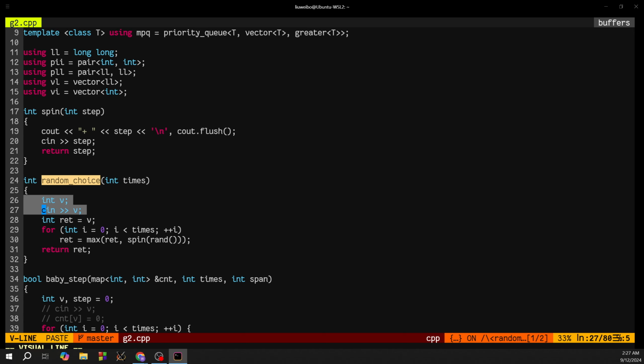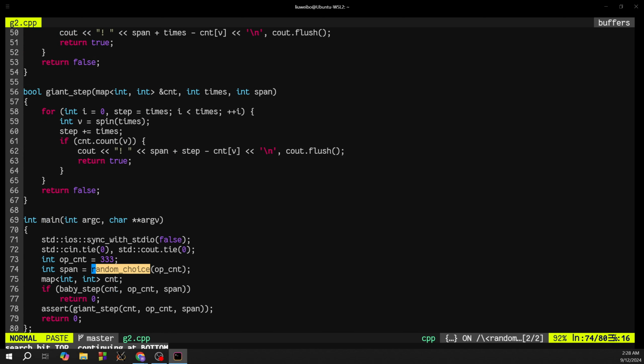We don't have to output first. Then we spin at a random speed, calculate the maximum value and return this maximum value as our random choice. Thus, we know that the number of sectors in this wheel is at least span.